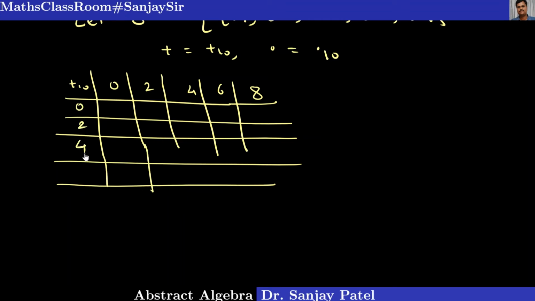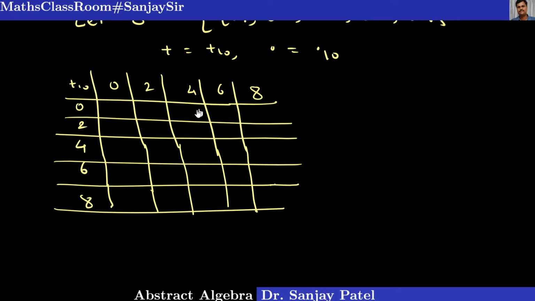Let me extend this. So you can prepare the addition table for this set and check: 0 plus 0, 2, 4, 6, 8. This is very simple. 2 plus 2 is 4. 2 plus 4 is 6. 2 plus 6 is 8. 2 plus 8 is 10 and 10 means 0.